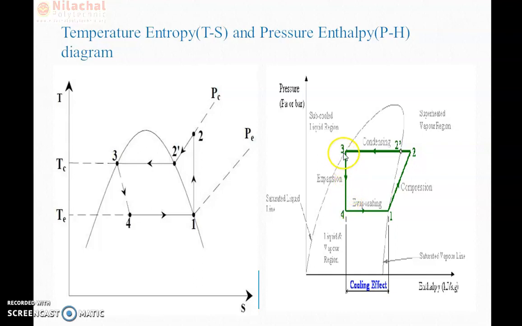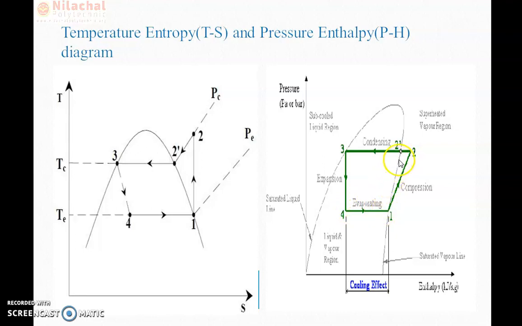Here you observe enthalpy is constant, H3 is equal to H4, meaning HF3 is equal to H4 you can write. Then the 4 to 1 process is a constant pressure heat absorption process. When heat is absorbed, the refrigerant converts from liquid vapor to the vapor, hence the cycle is completed.